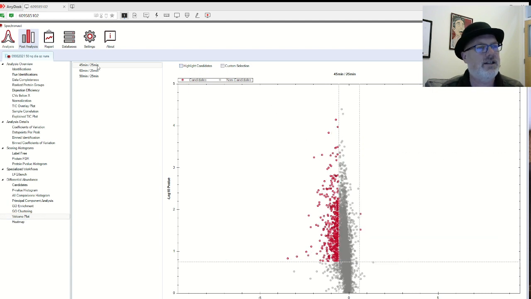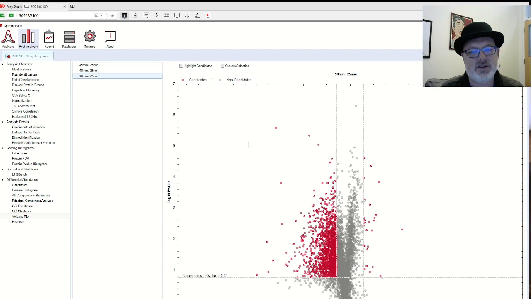You can kind of see between the 25, we'll look at the 25 and 45. What is this telling me? That a lot of these proteins have less abundance in the 25 than the 90, which you would expect. So remember, when we run your samples for real, we run the same gradient over all your samples.